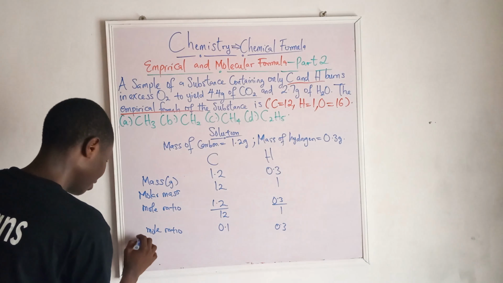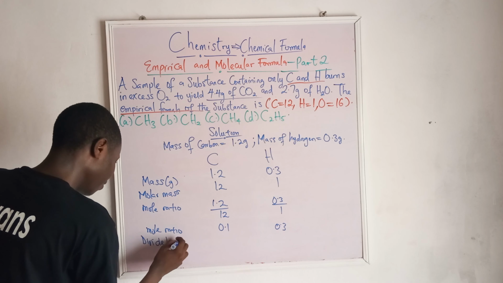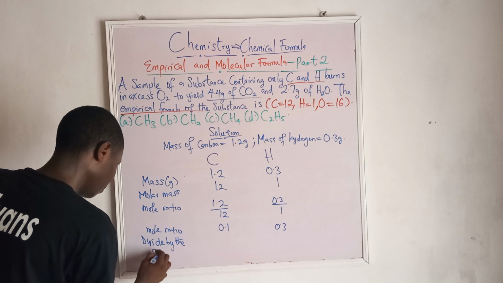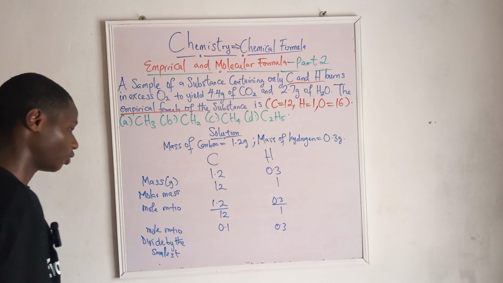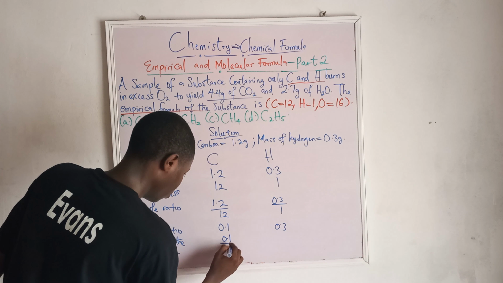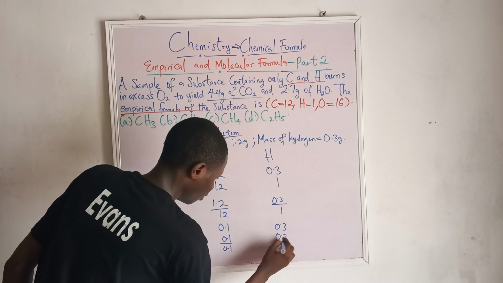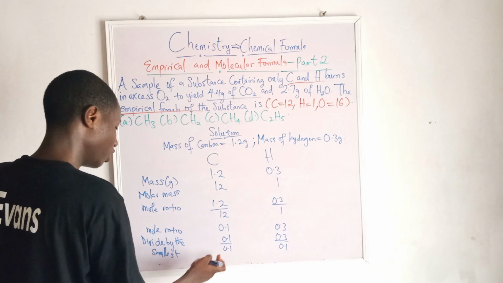So the next thing we are doing is what? Divide by the smallest. So can you see now, this thing is not hard. Divide by the smallest. So what's the smallest? 0.1. So that's 0.1 over 0.1, 0.3 over 0.1. Do you understand? So what is 0.1 divided by 0.1?